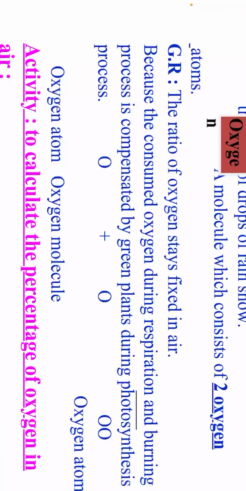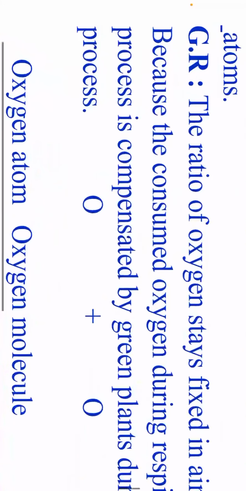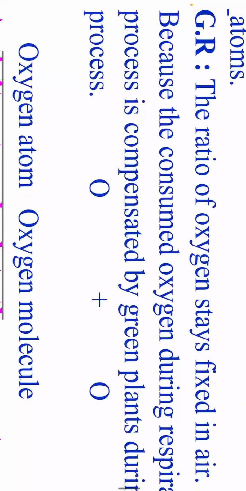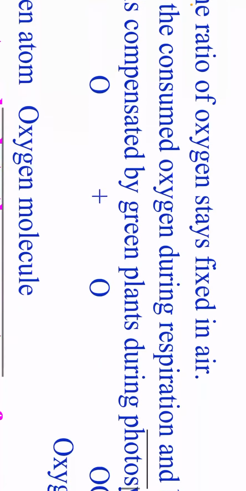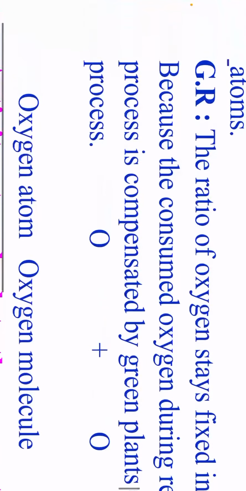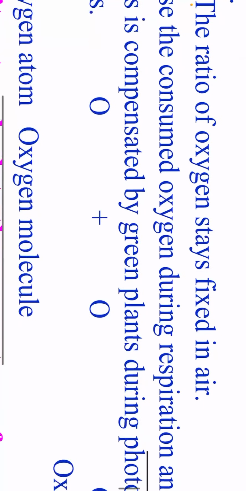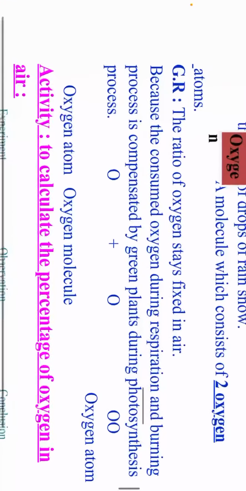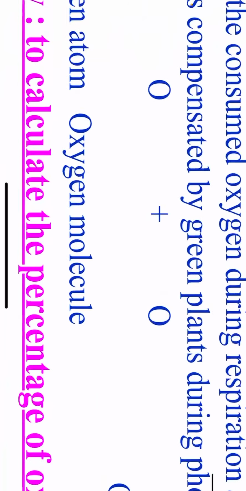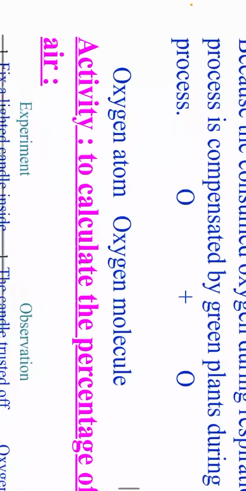The ratio of oxygen stays fixed in the air because the oxygen consumed during respiration and burning is compensated by green plants during photosynthesis. Here, O plus O, two oxygen atoms, forming an O2 oxygen molecule.